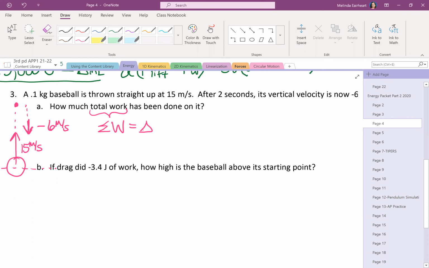For 2 weeks, we said net work was equal to a change in kinetic. And so they gave us those speeds and mass, so we can get the change in kinetic energy. And so we've got KE final minus KE initial. What's our newish equation for kinetic energy?